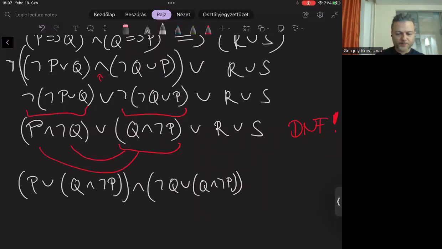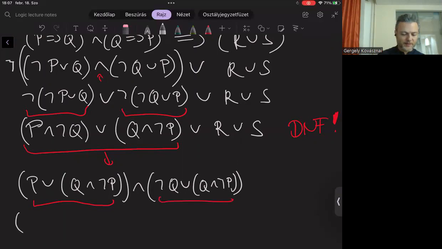Exactly. So again, what I have done is that I translated only this part to this formula. I'm not done yet because this looks pretty messy. We have also to apply the distributive law here and also to here.